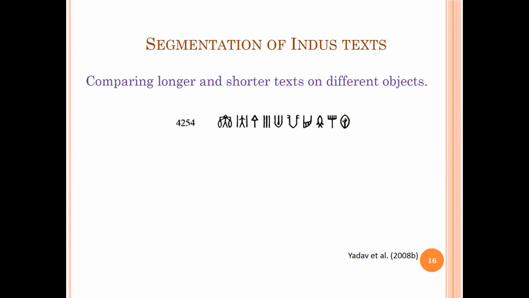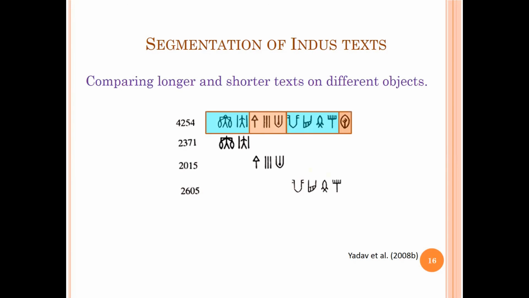So this is a very long text which we would like to segment, and we go through the corpus and see if the components of this text appear on any other objects or not. We can find these components appearing on three different objects. This appears on this object, which is identified by this 4-digit number. This triplet again appeared on another object, and this quadruplet appeared on another object.